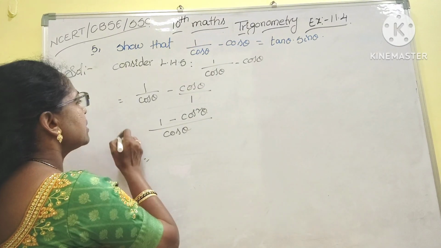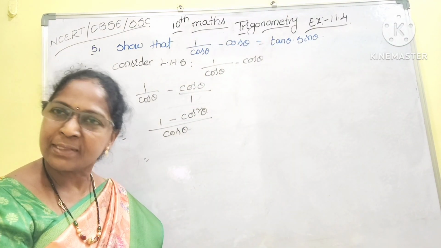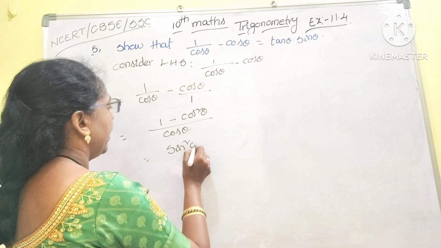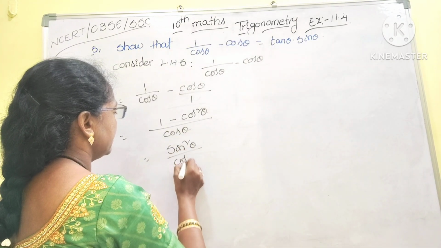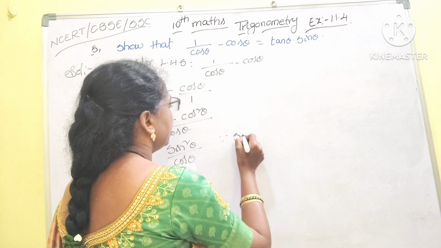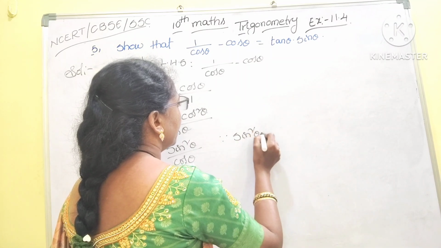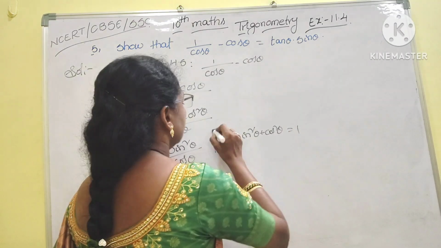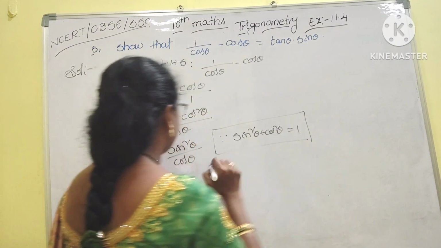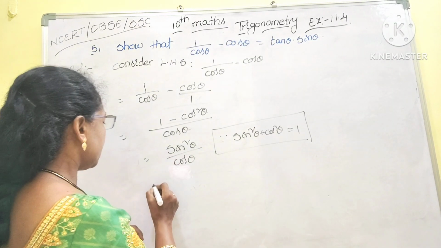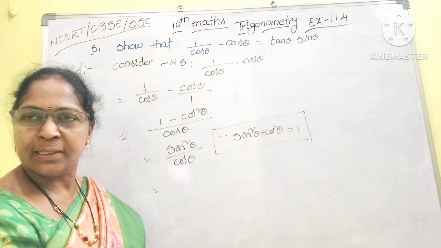Again 1 minus cos square theta equals sin square theta, that by cos theta. Which identity? According to that, sin square theta plus cos square theta equals 1. According to this identity, I have written this one. Now, sin square theta by cos theta we got it.